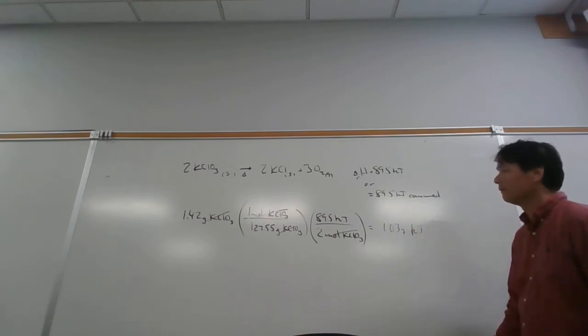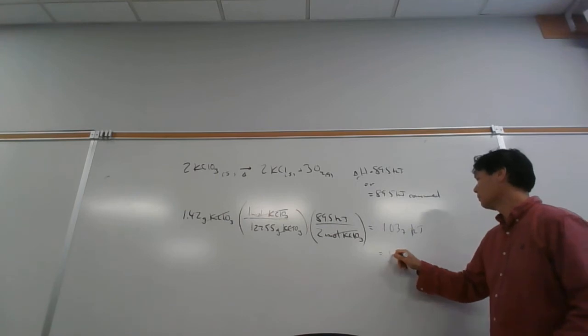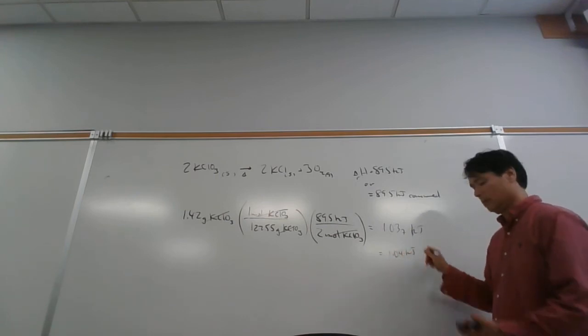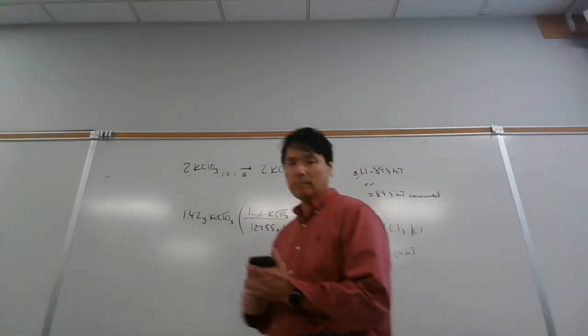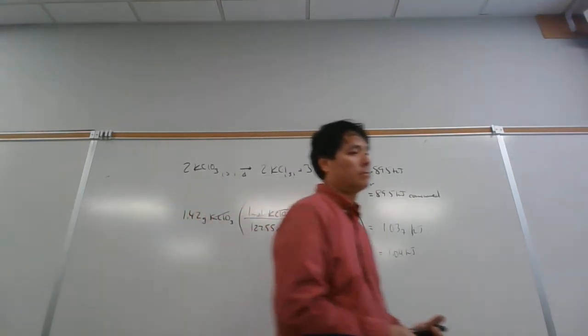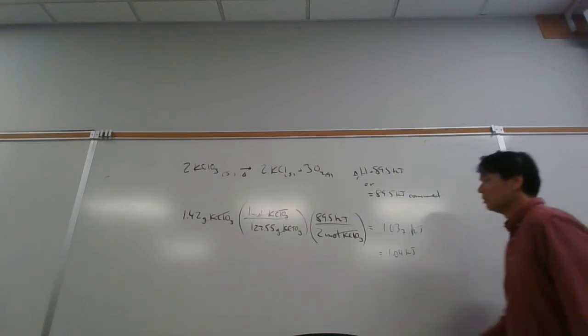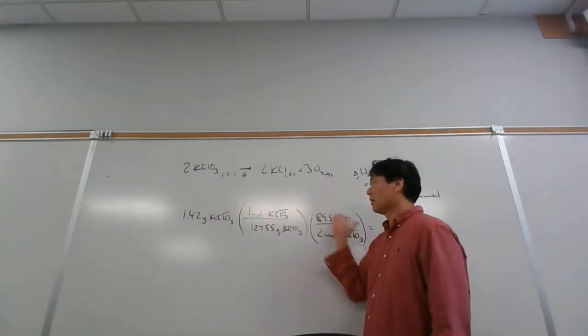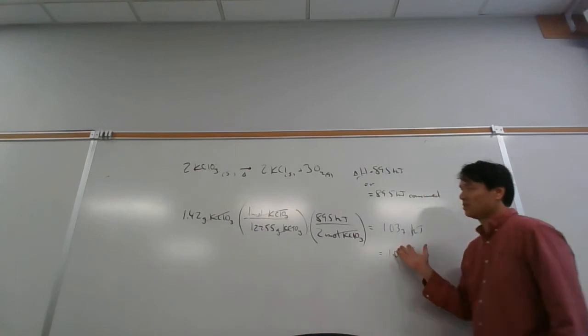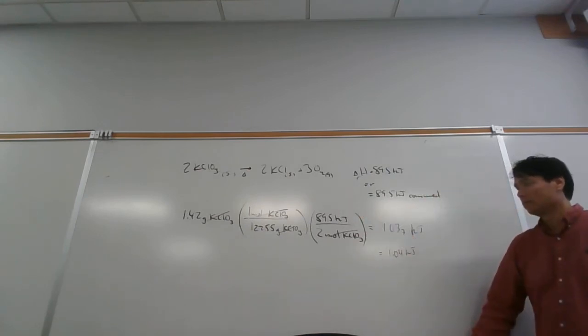That's not much. All right, so those are the two typical problems that you're going to run into. One, where you're given an amount and you have to calculate the energy. The other, when you're given energy and you have to calculate the amount.